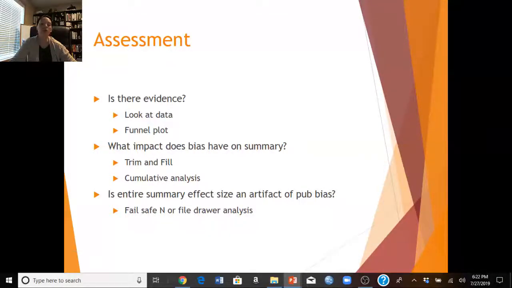So when we're looking for evidence of bias, we'll actually just look at the data, and then we'll also run a funnel plot. When we're looking at the impact that the bias has on the summary, we'll actually look at Duval and Tweedie's trim and fill, and then we'll do a cumulative analysis. And then lastly, when we're looking at whether or not the entire summary effect size is an artifact of publication bias, we're going to look at the fail-safe N values, and this is also called the file drawer analysis.